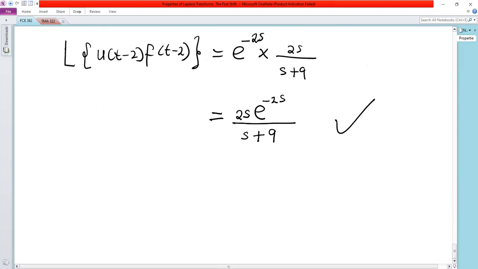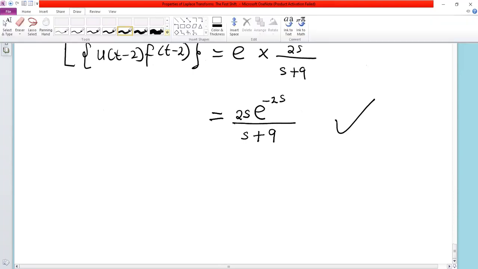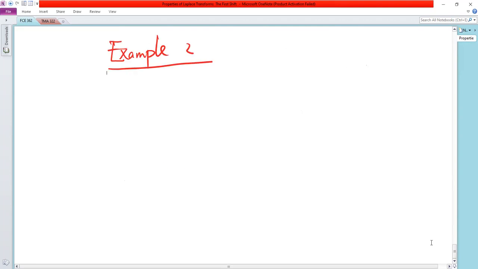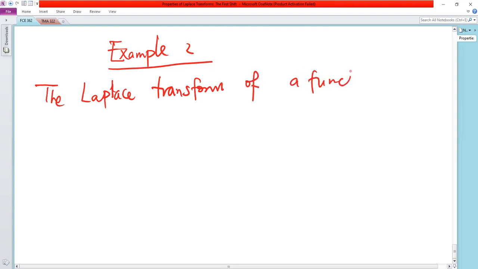Another example. Example 2. The Laplace transform of a function is e raised to the power negative 3s divided by s squared.